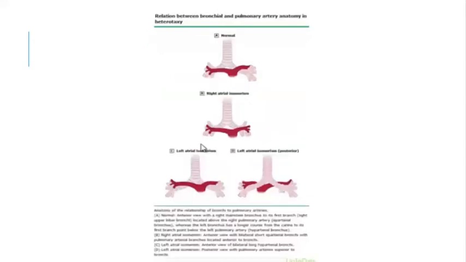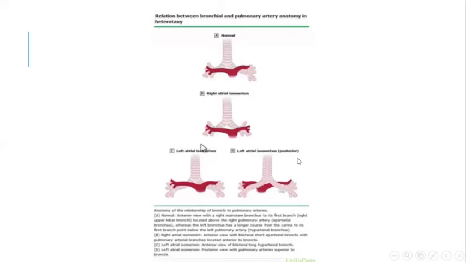For the bronchial tree and pulmonary artery, normally we have the right and left pulmonary arteries, the right being anterior to the right main bronchus, and the left superior to the left bronchus, with a long left main bronchus.